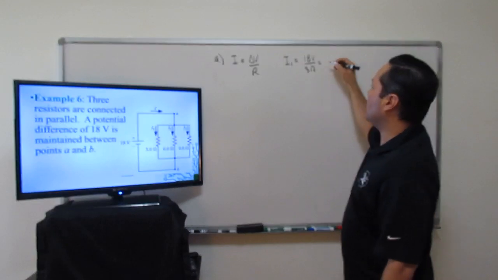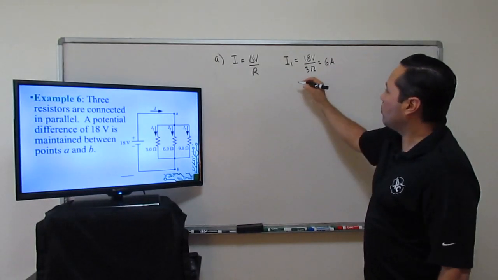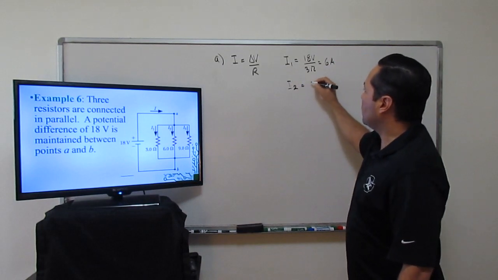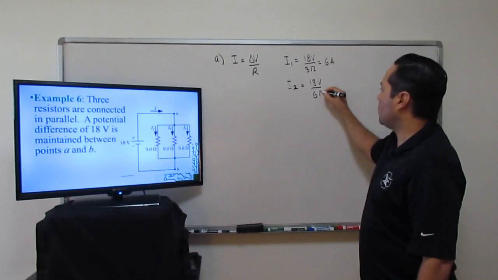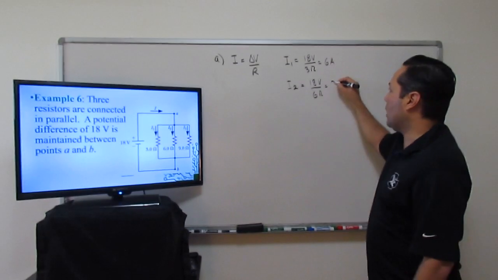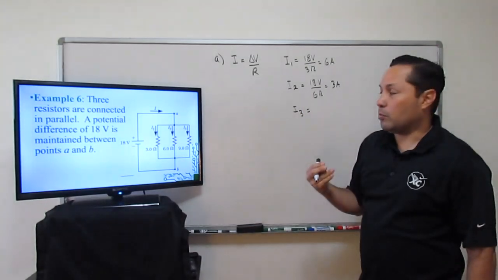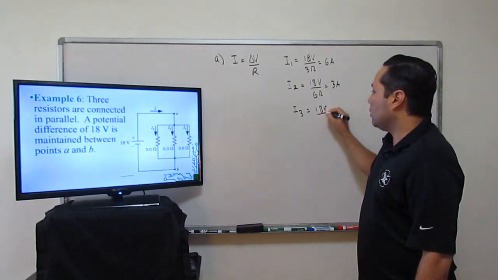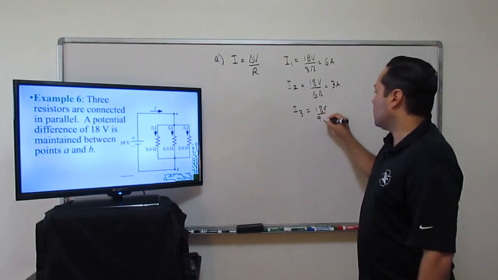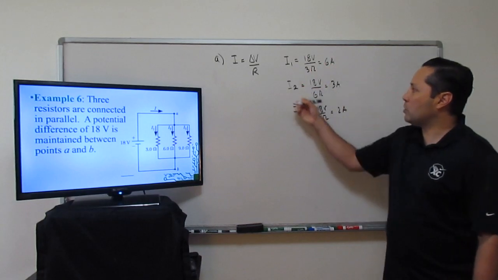That gives us 6 amps. For number 2, it's 18 volts over our 6 ohms, so it's going to give us 3 amps. And for the current of number 3, it's going to be our 18 volts over our resistance of 9 ohms. So that gives us 2 amps. That is the current for number 1, 2, and 3.